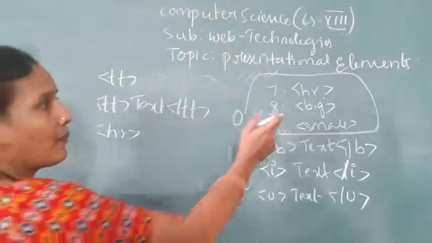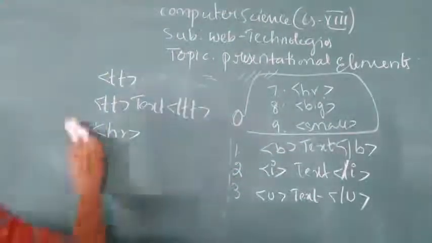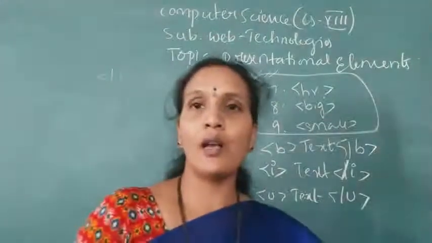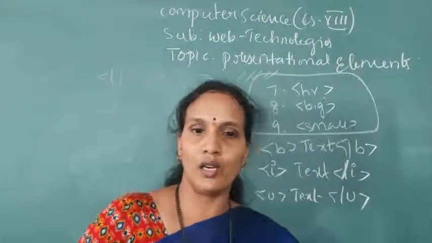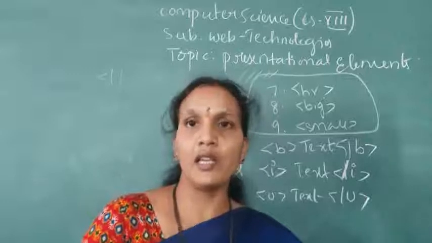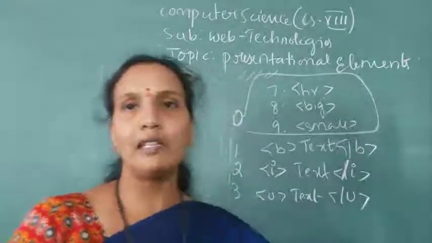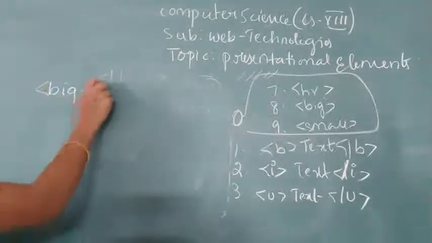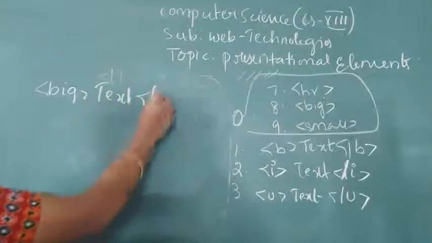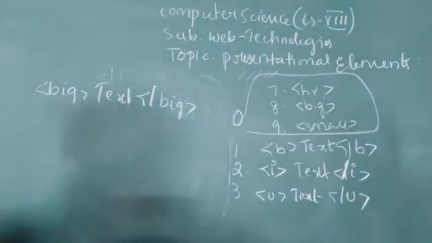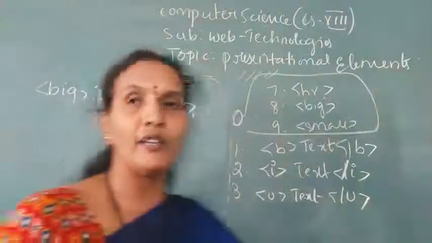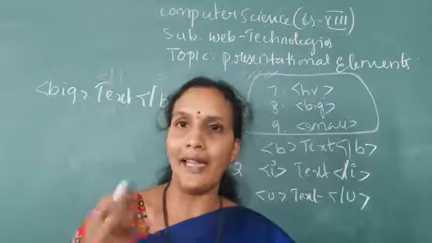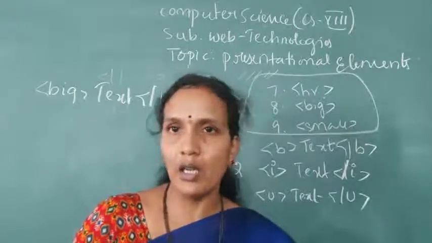Now, the next one is big. If you want to display text which is bigger in size compared to normal text, then we'll take the help of the big tag. Big text. Whatever text you have included between a big opening and closing, that text will be displayed with more height compared to the normal text.